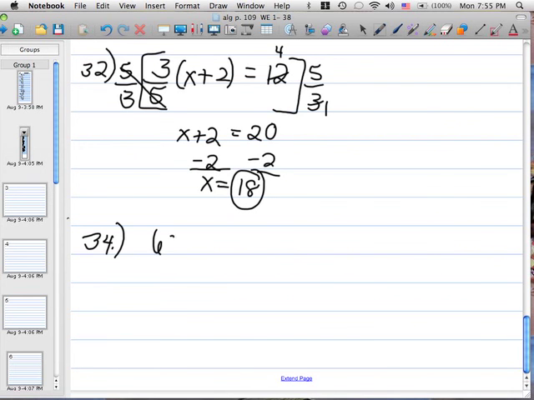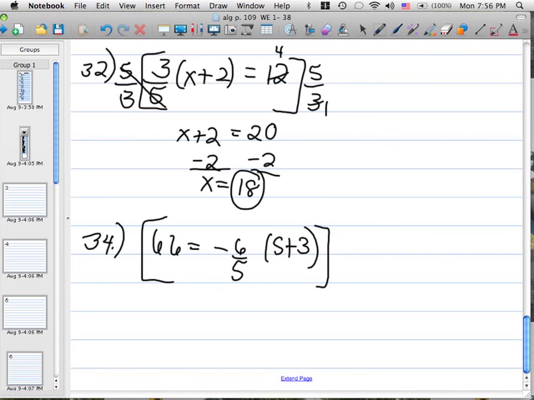You have 66 equals negative 6/5 times s plus 3. Again, I would get rid of the negative 6/5 by multiplying both sides by the reciprocal of negative 6/5, which is negative 5/6. Six goes into 66 eleven times.